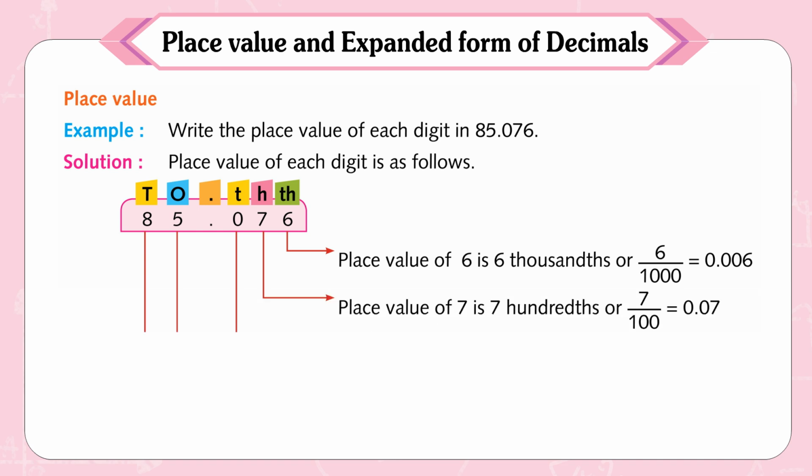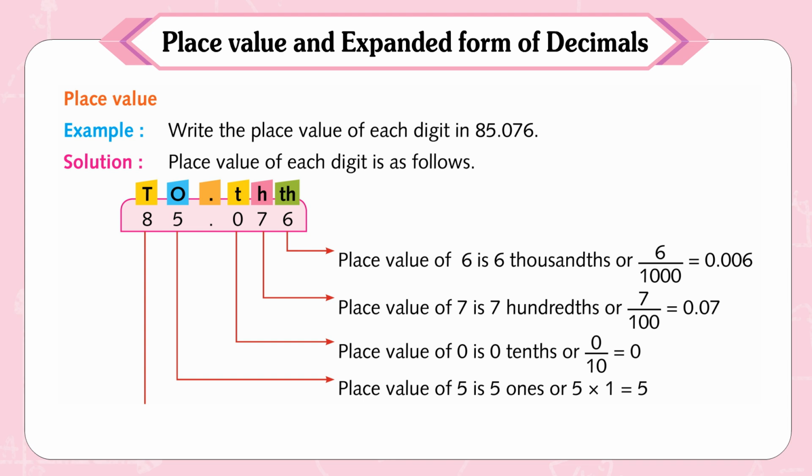Place value of 7 is 7 hundredths or 7 by 100, which is equal to 0.07. Place value of 0 is 0 tenths or 0 by 10, which is equal to 0. Place value of 5 is 5 ones or 5 into 1, which is equal to 5. Place value of 8 is 8 tens, 8 into 10 is equal to 80.